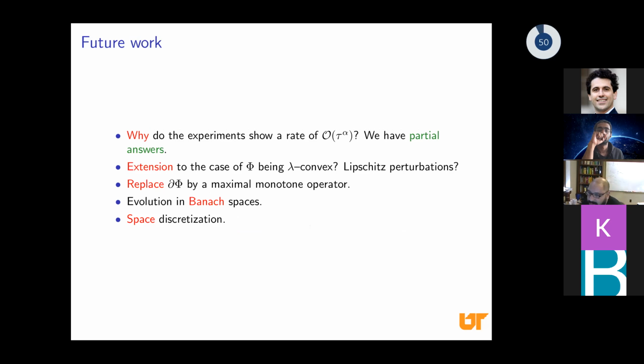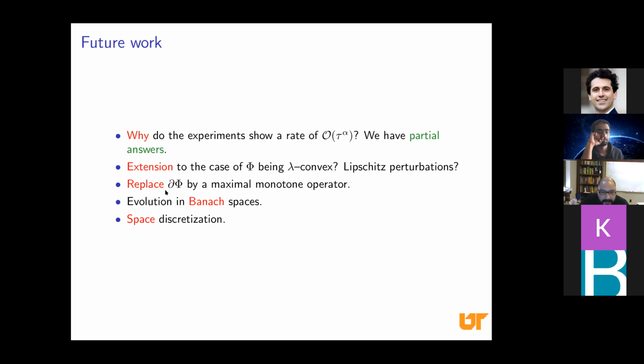Of course, there's much more to be done. For instance, try to explain why the experiments that I showed you have a rate of tau to the alpha. We have some partial answers to that, but we need to explore this a little bit more. The theory of gradient flows allows also for energies that are not only convex but also lambda convex. You can have Lipschitz perturbations.